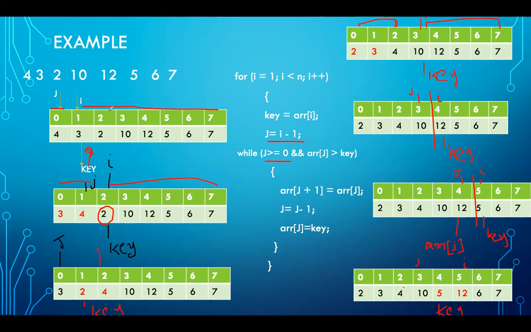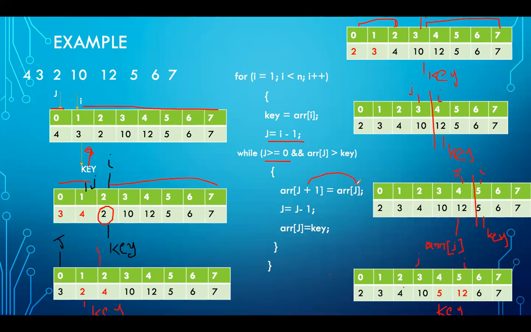So here we check two conditions: j is greater than or equal to 0, and array of j is greater than the key value, then only we will swap it. Here we are just writing the swapping.